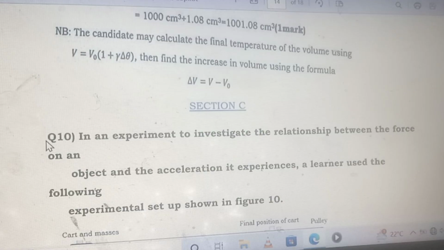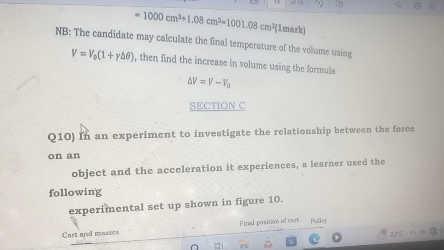Many times in section C, the repeated question is to plot a graph. Please make sure you understand where to plot a graph. For example, in section C of the National Examination of 2019, it is a plot of current against resistance.